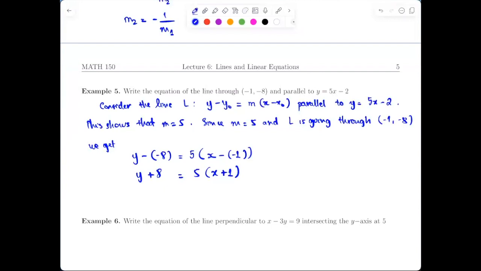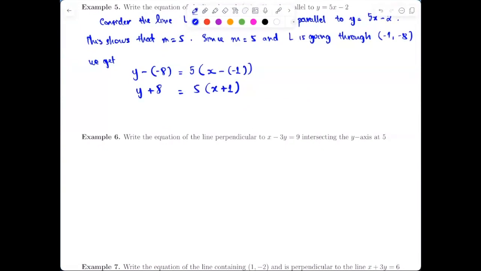Right, so let's do example 6. Now I want to write the equation of a line perpendicular to the given line x minus 3y equals 9 and intersecting the y-axis at 5. So you're looking for an equation of a line.